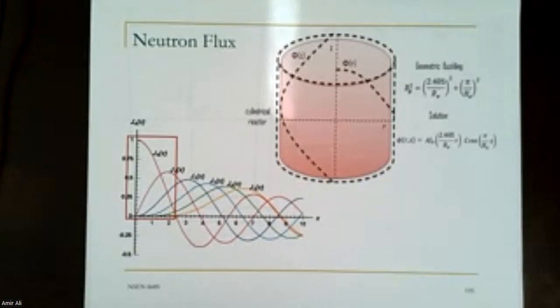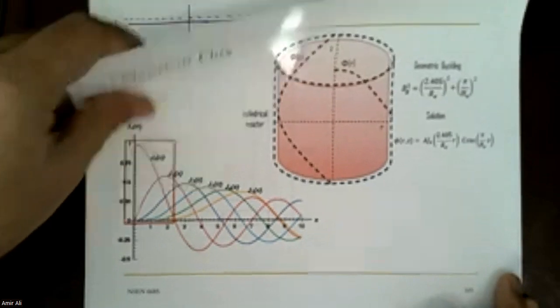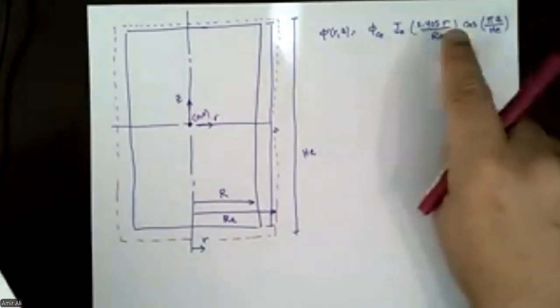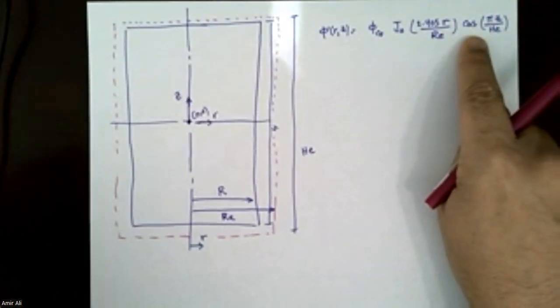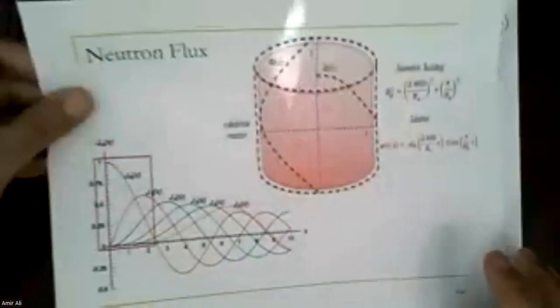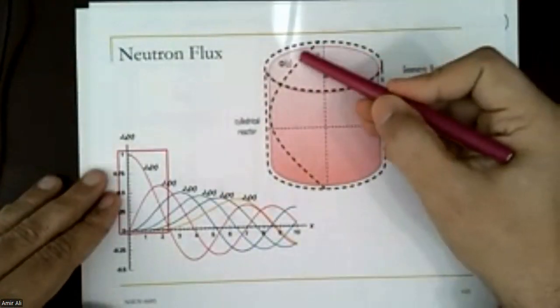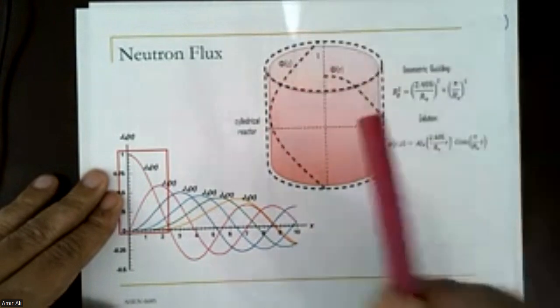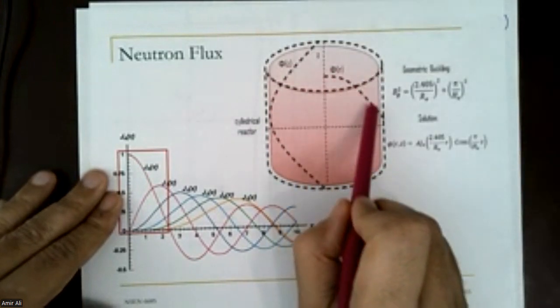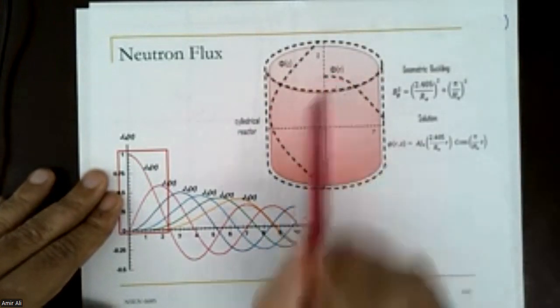So graphically, if you look at the Bessel function plot, which is a function of R, and the cosine function plot, which is a function of Z, this is the variation of the function with Z. This is the variation of the function with R. We just plotted the first half, right?